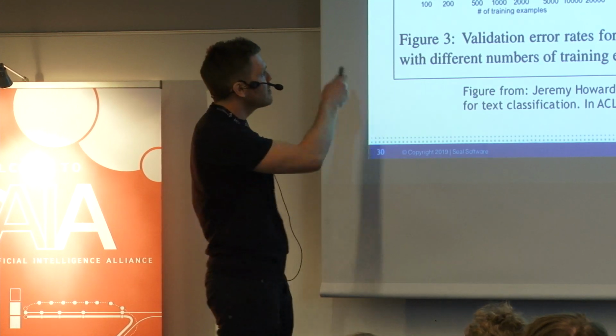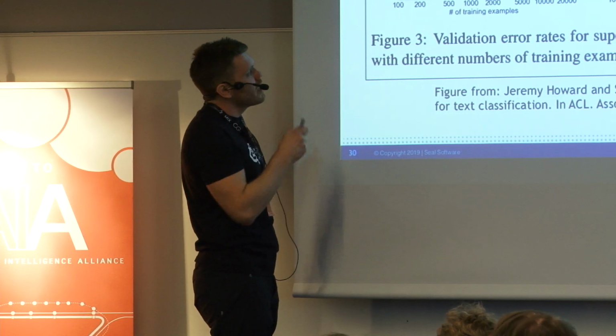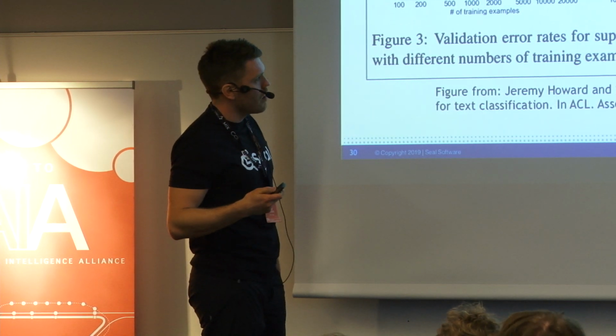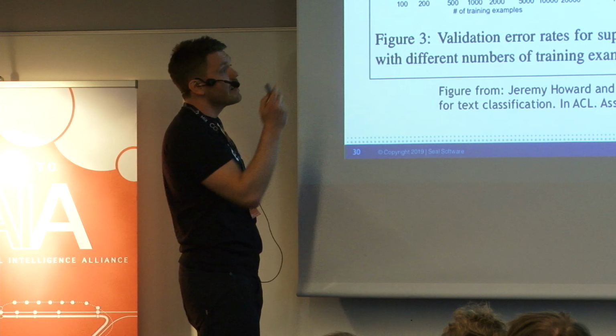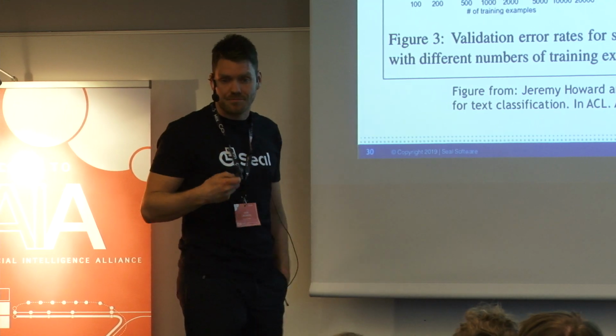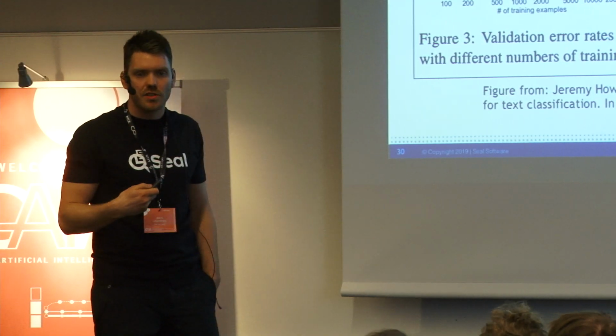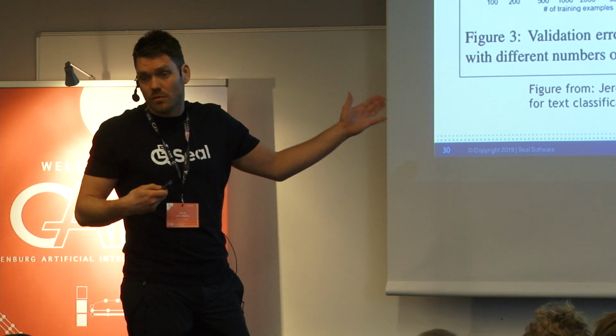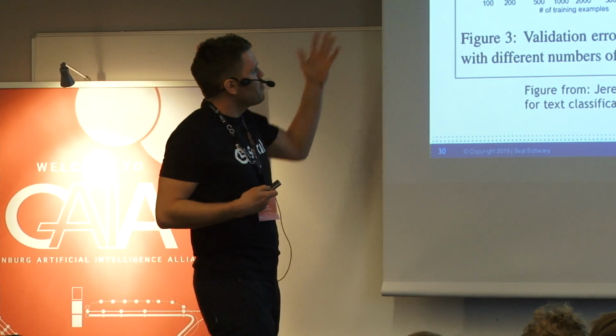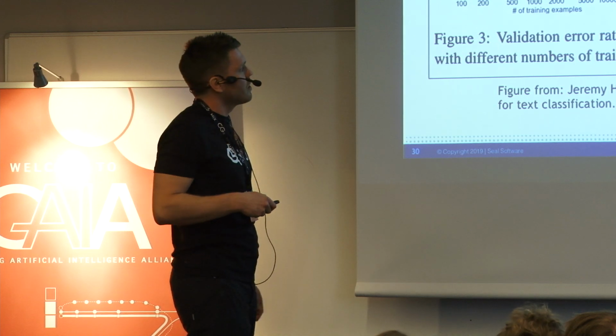So this really tells you that in order to minimize the number of examples you have to annotate, it's a good idea to use some pre-training first. So in the case of lawyers, who are expensive, you might not have to pay them for a long period of time.